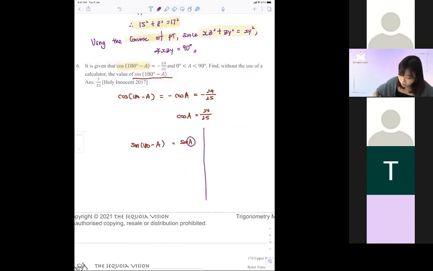So never mind, write down here. If trigo is given and you are asked for another trigo, cannot look for the angle. You draw a triangle instead.